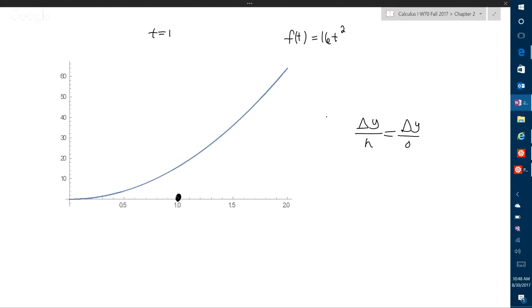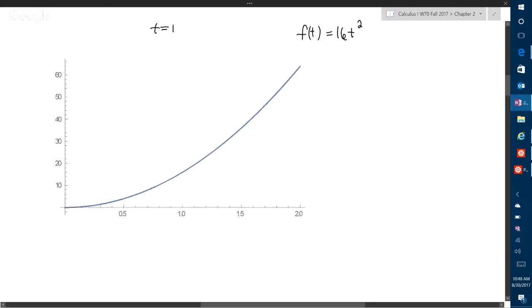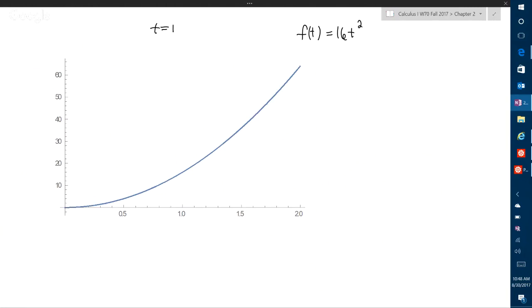So instead, we'll create our own interval, and we'll see what happens as that interval gets smaller and smaller. Let me erase this. Any questions over that? Hopefully you understand now how instantaneous speed is different from average speed a little bit better.